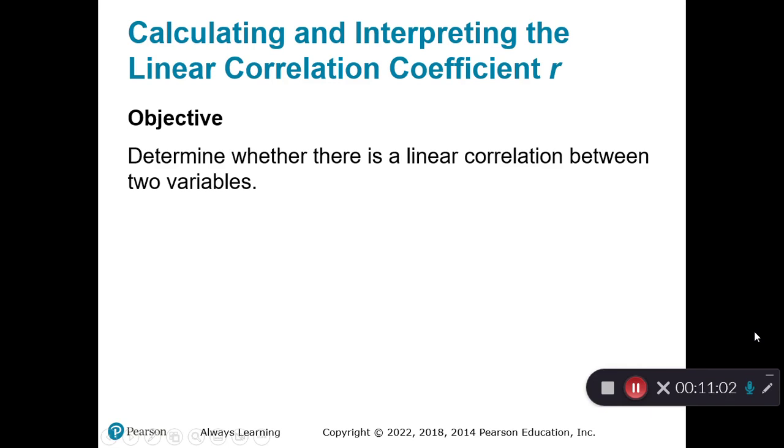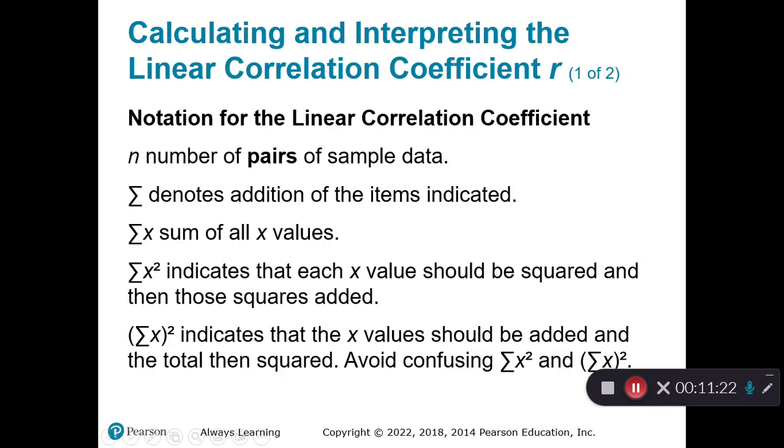So now we're going to jump into how to calculate r, and the calculation of r is going to be rather tedious when you use the manual formulas. However, we're going to review the formula because we want to see what is actually feeding into that calculation to help us interpret those results. So there's lots of notation here to review if you're looking at the formula.